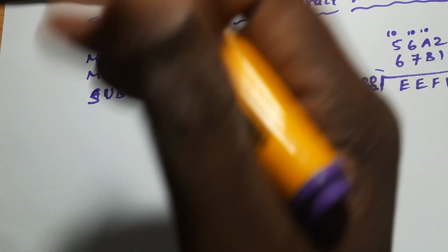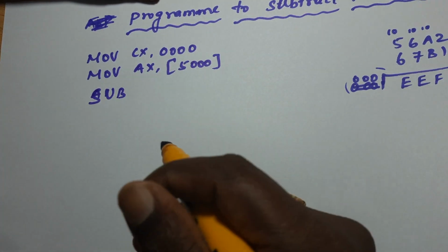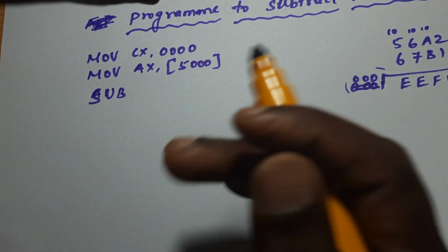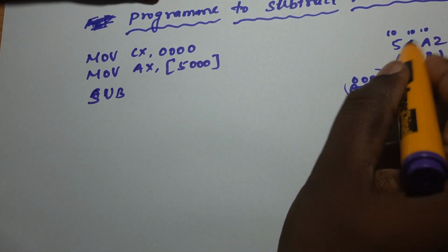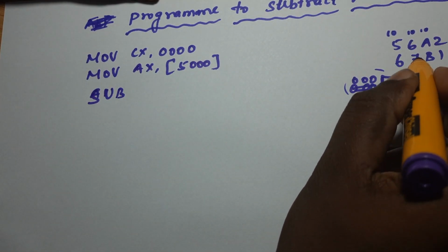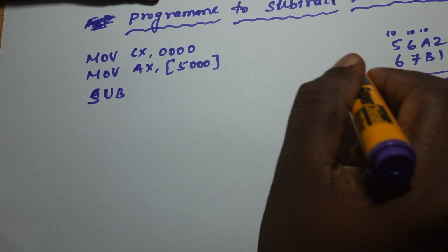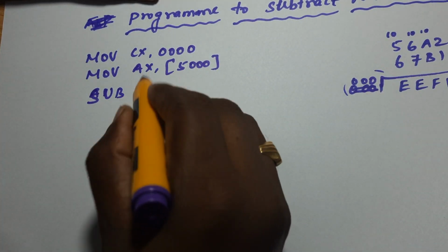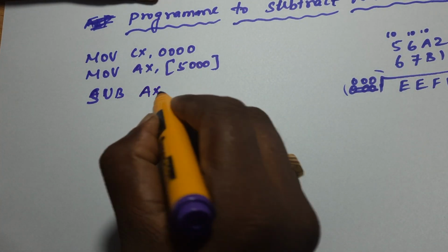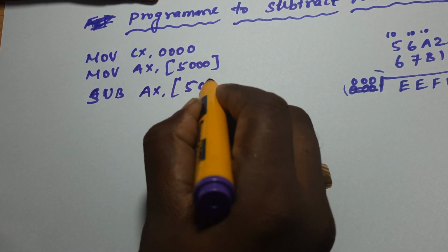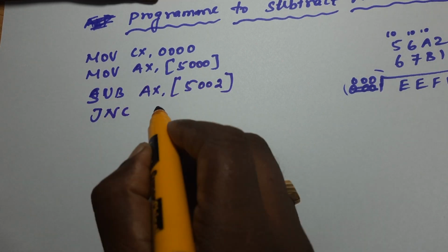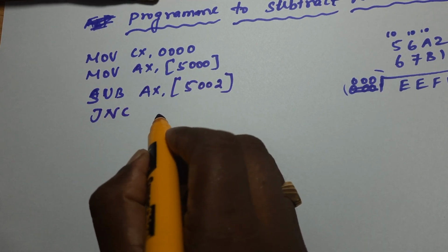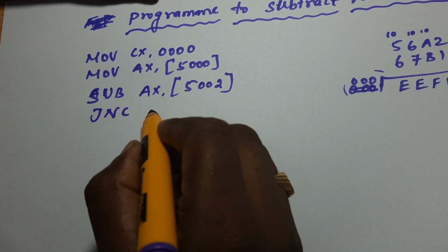If you are subtracting consecutively, in that case the previous borrow also should be considered, and we would use SBB. But here we are not choosing that kind of example. So SUB the same thing, AX, 5002, and then jump on no carry. There is no borrow. This thing we need to subtract, right?